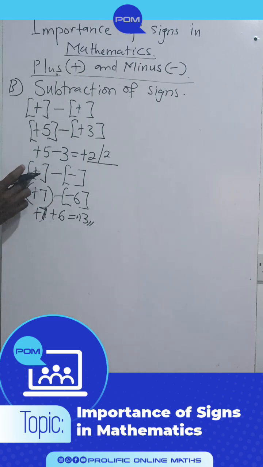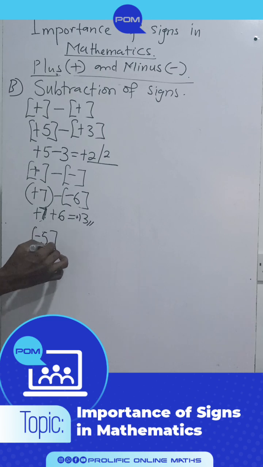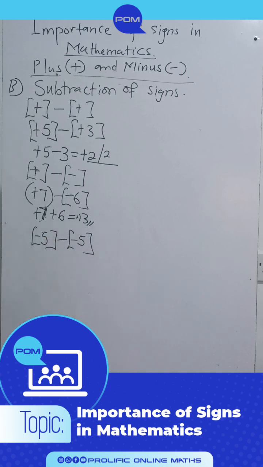So now we are looking at the plus from the plus angle. Now let's look at it from the negative angle. If you have minus 5 minus minus 5, minus times minus will give us plus 5.